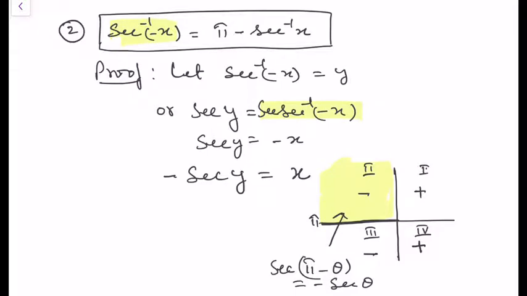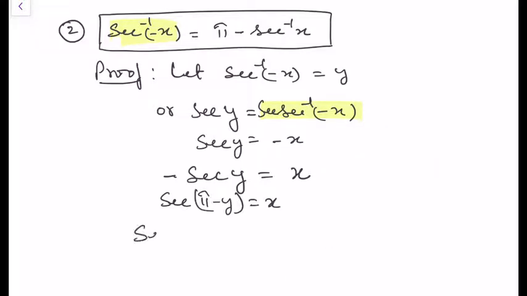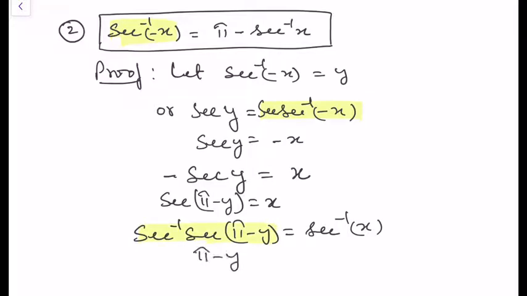So for minus sec y, we can write sec pi minus y is equal to x. Now take sec inverse on both sides. So sec inverse sec pi minus y will be pi minus y, because sec inverse sec theta is theta. So pi minus y is equal to sec inverse x.